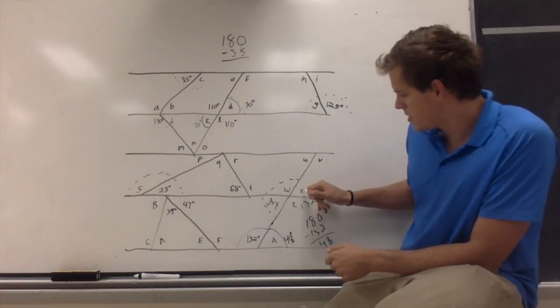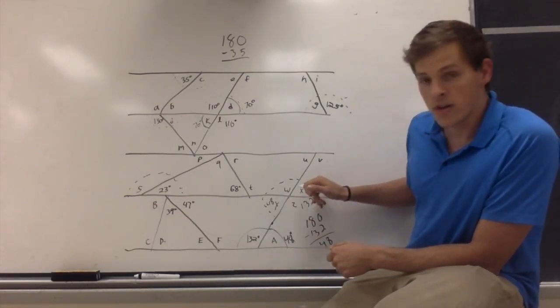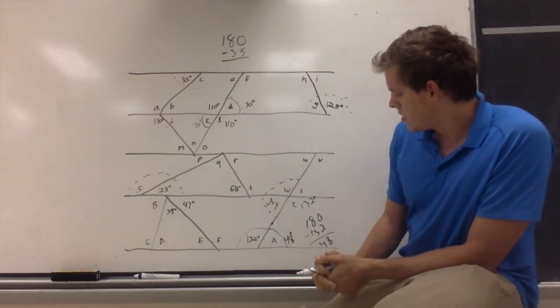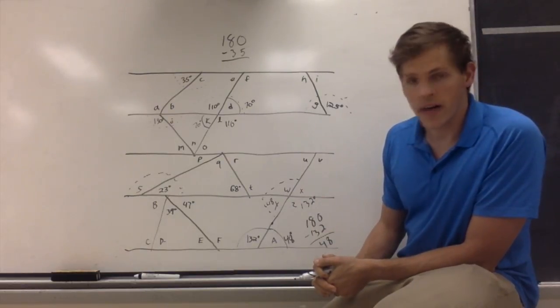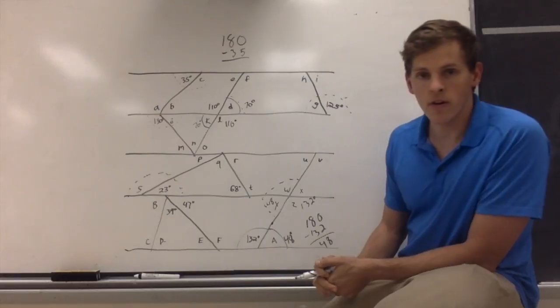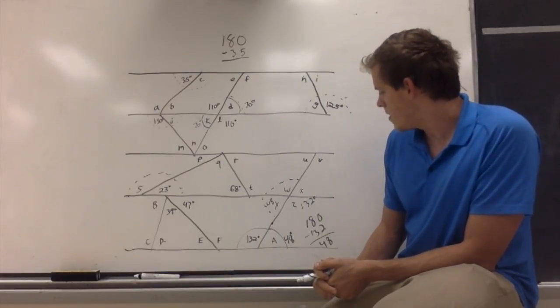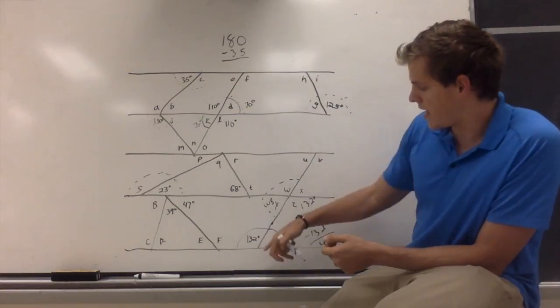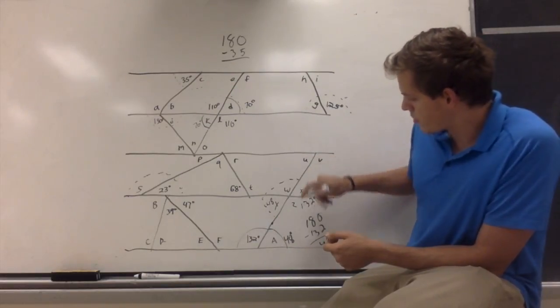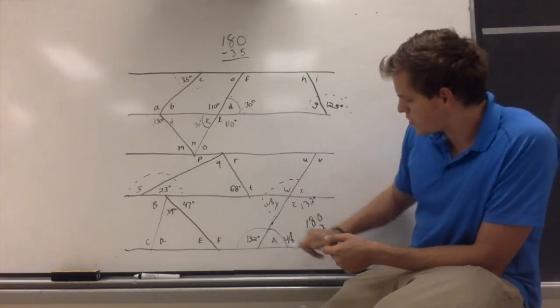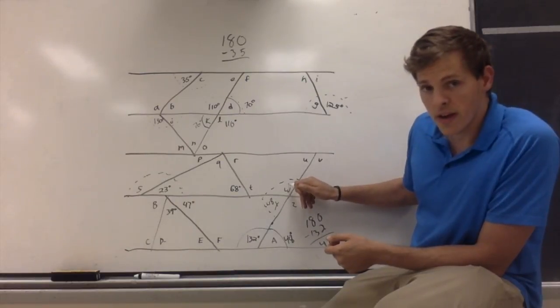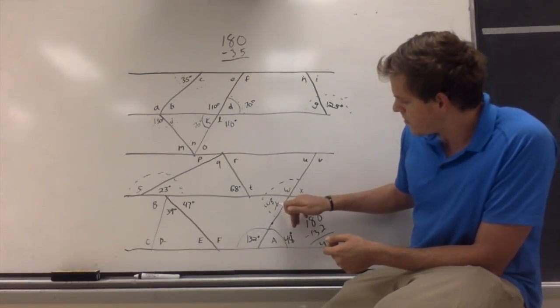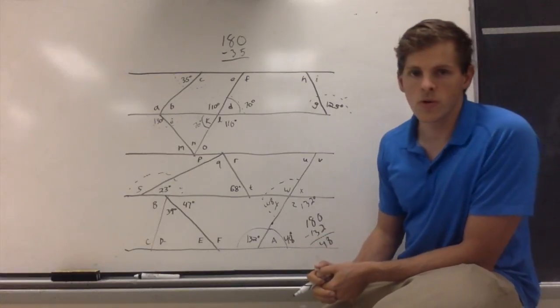X right here will be congruent to angle Y. Those have a vertical angle relationship. And if we keep going up here, it's still the same line, so we should have similar relationships. If we saw 132 here, we're going to see 132 there as corresponding angles. And Y and U are also going to be corresponding angles.